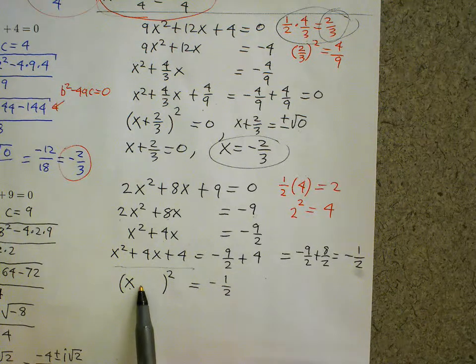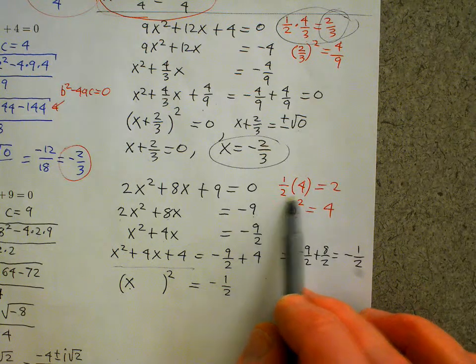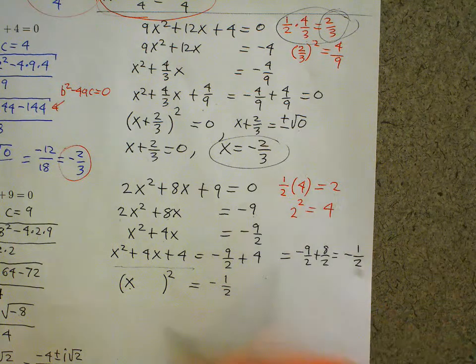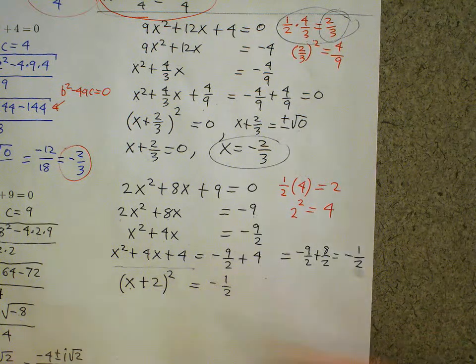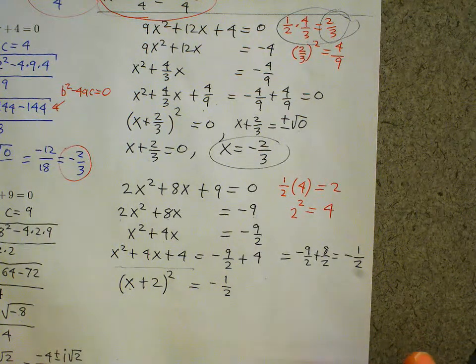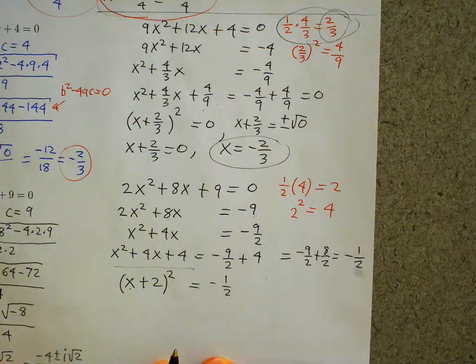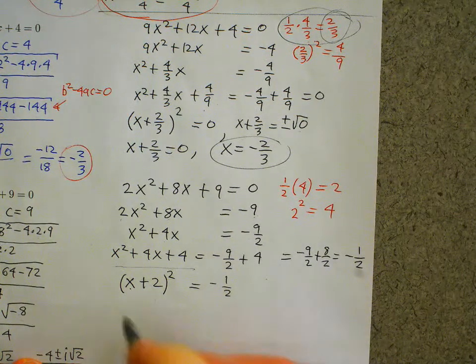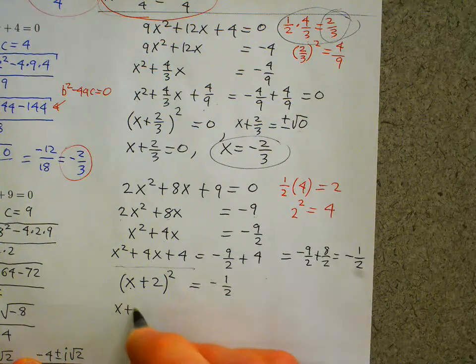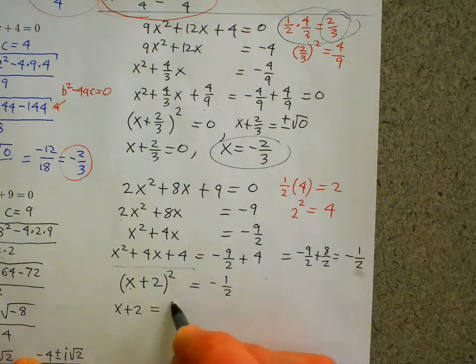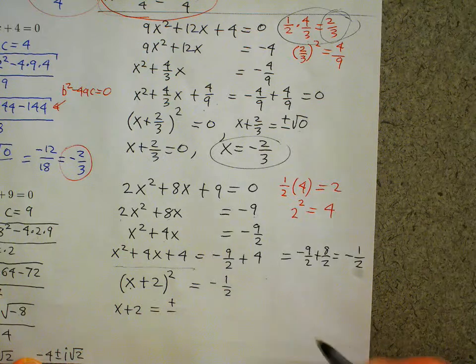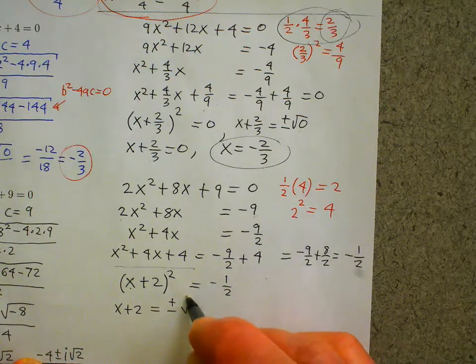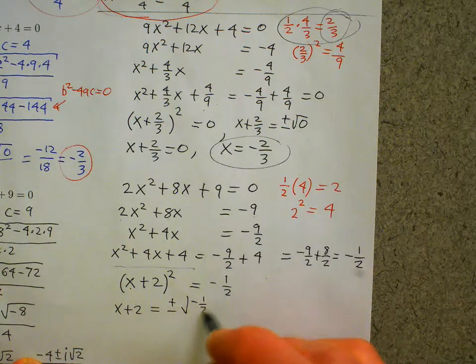The number that follows is the same number that we got when we took 1/2 of 4, which is positive 2. So we have x plus 2 squared equals negative 1/2. Then we apply the square root property, and we get x plus 2 equals positive and negative square root of negative 1/2.